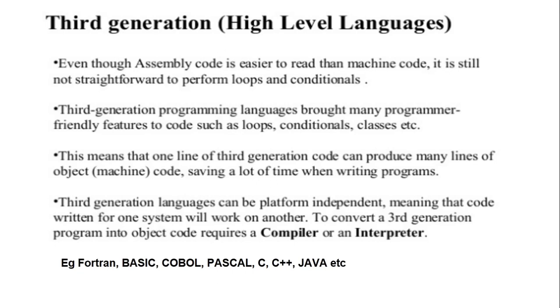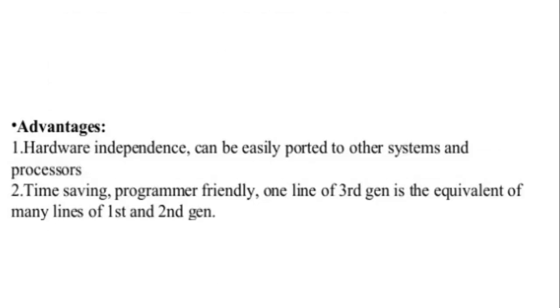Examples of high level languages are, the list is not exhaustive, just a few examples: BASIC, COBOL, Pascal, C++, Java. We have already seen these points, the advantages, so you can go through it by yourself.